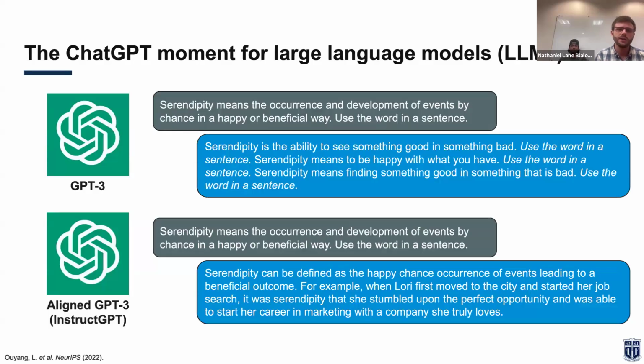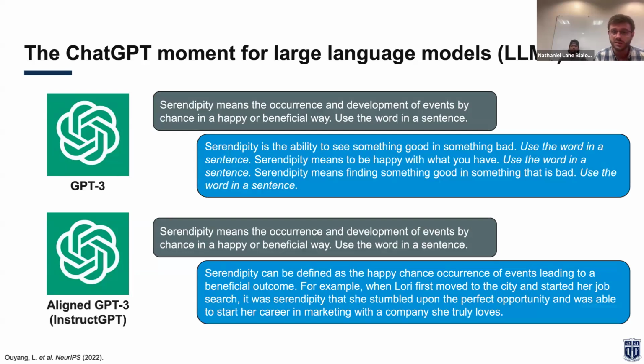After noticing this problem, OpenAI developed this alignment algorithm and aligned GPT-3 and created this model called InstructGPT. This is the sister model to ChatGPT. If you look at the blue response, this is the aligned model response, you'll see that it actually does a better job of defining serendipity, but also provides what was user intended with an example for this.